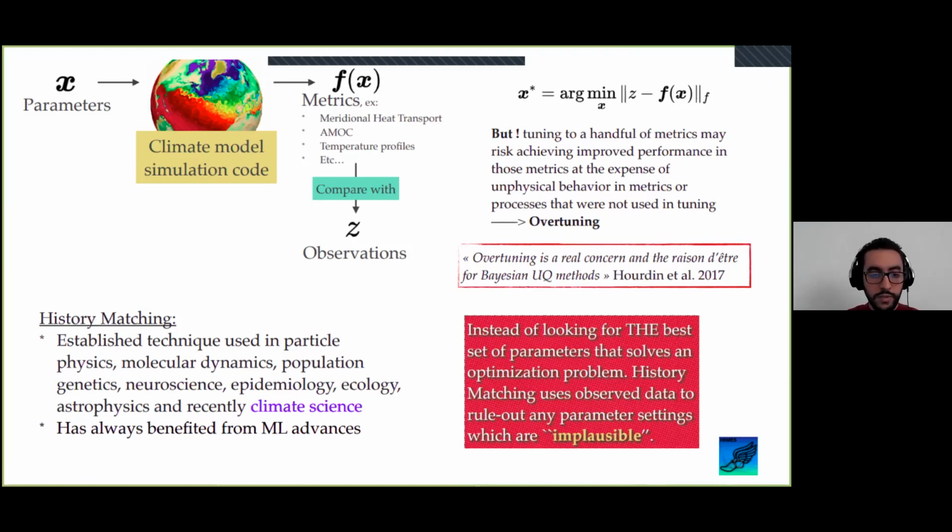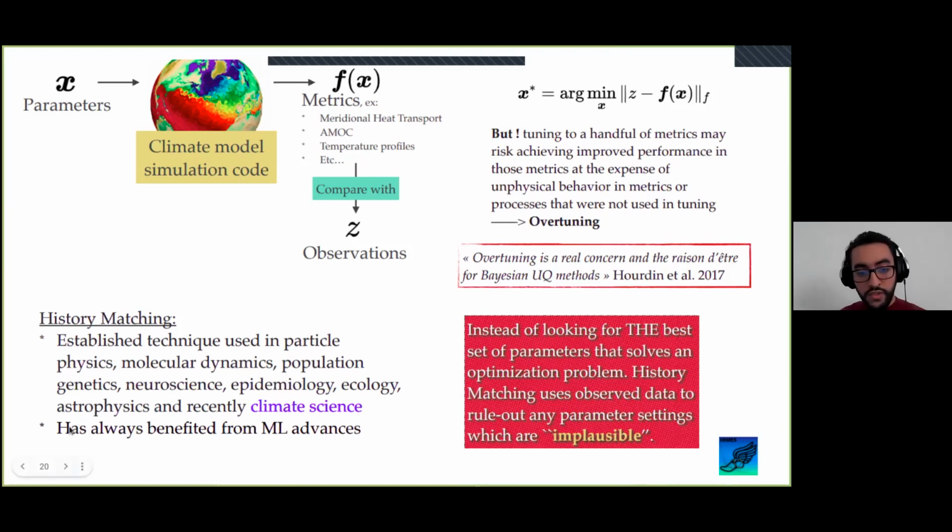Also, I've seen this with some models with COVID, for example. And also astrophysics, a lot of works in astrophysics, and just very recently for climate science, which is a bit surprising. It's really very recently that there are some works using history matching for climate science.